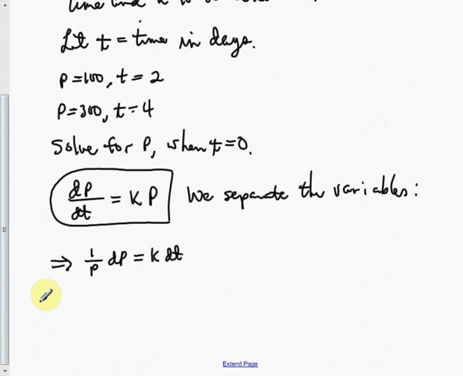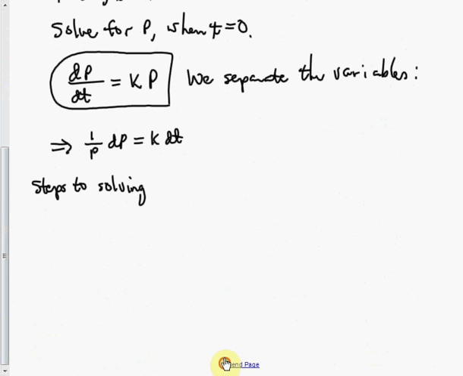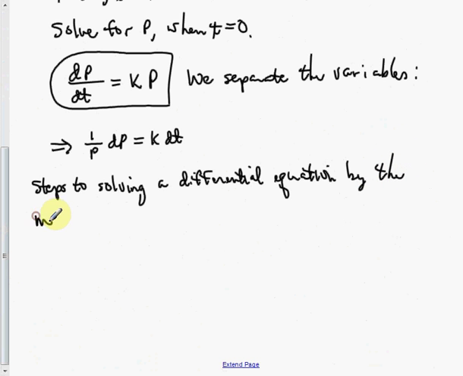So once we have the variables separated, then we're going to integrate with respect to each differential. Let me write those steps. Steps to solving a differential equation by the method of separation of variables.